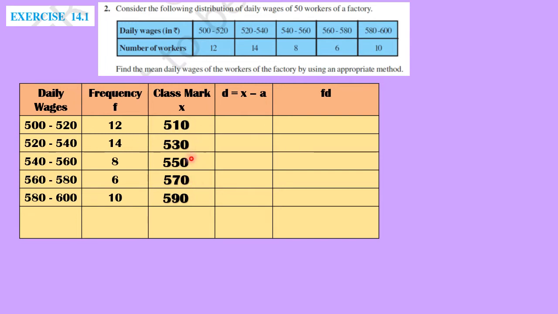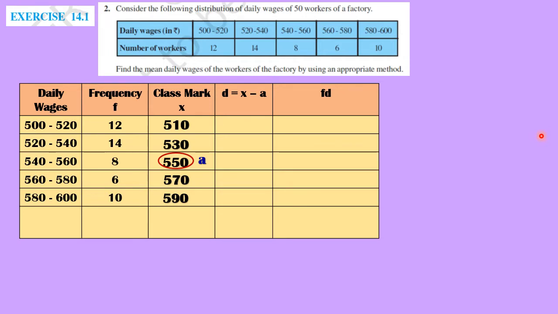Here we have 5 class marks, in ascending order. We will select the middle one. Which is the middle one here? 550. So that we will assume as our assumed mean, that is A.